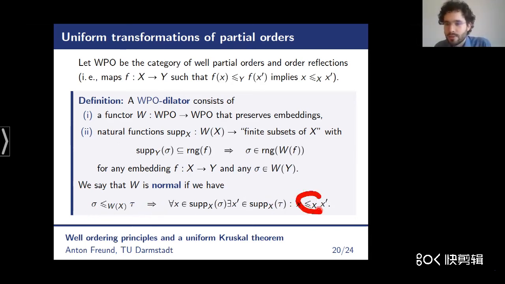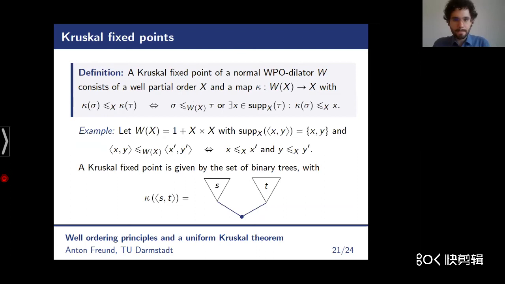And that's precisely what this says. It says that the labels in the smaller tree are bounded by the labels in the larger tree. Okay, but let's not worry about the details here.